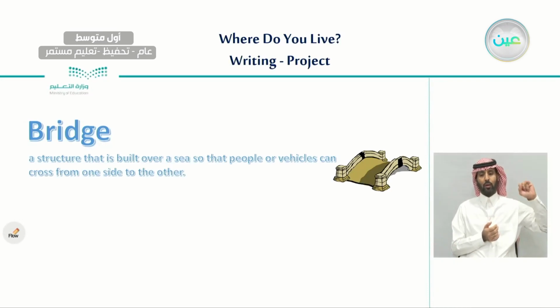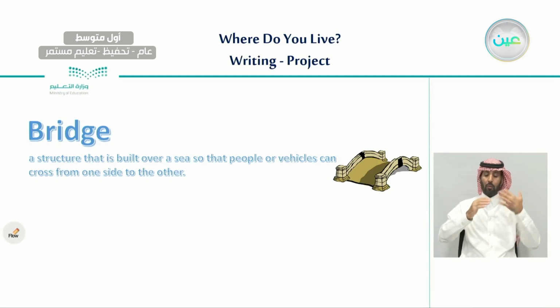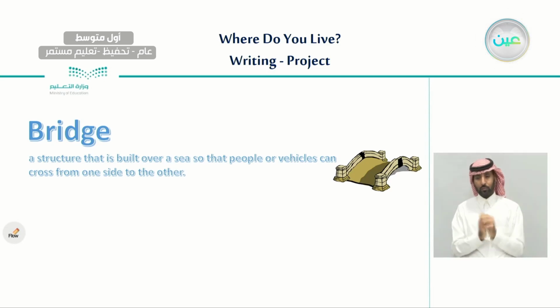The other word we have read is bridge. What do you mean by a bridge? A bridge is a structure that is built over a sea so that people or vehicles can cross from one side to another, as we can see in this picture. But we also have an example of a very famous bridge here in Saudi Arabia.